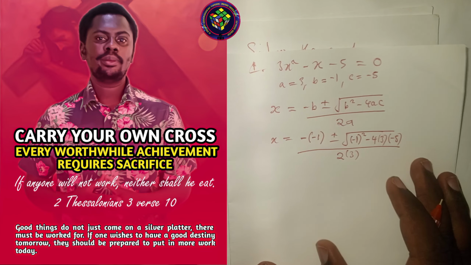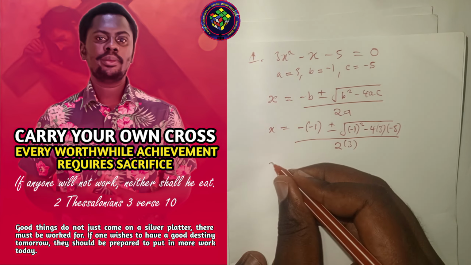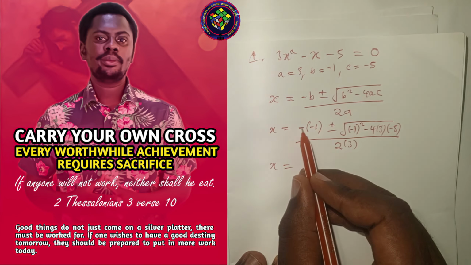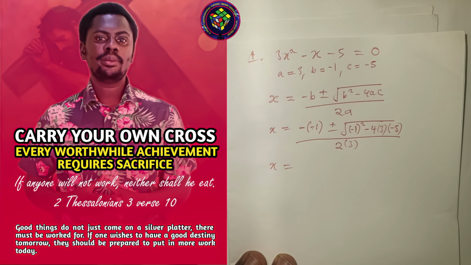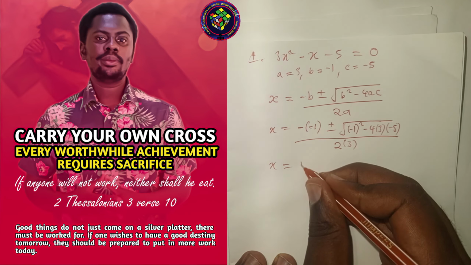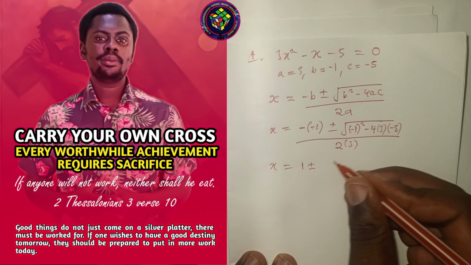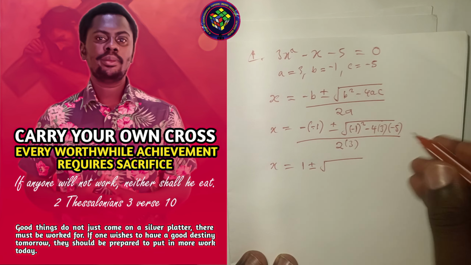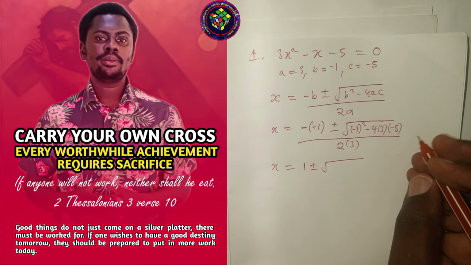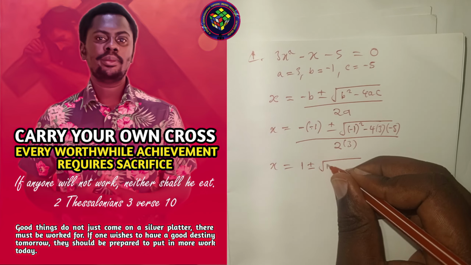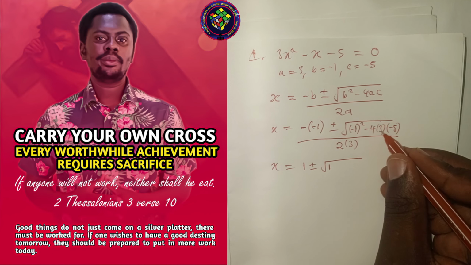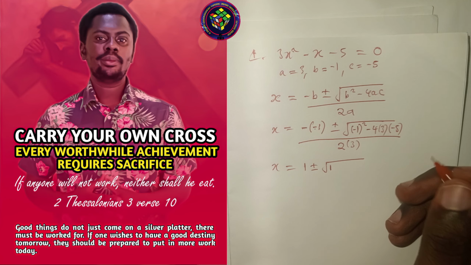So we are going to have x is equal to negative multiplied by negative, you get positive, so that is just 1, plus or minus the square root of negative 1 squared, which is just 1. Then minus 4 multiplied by 3, that is minus 12.